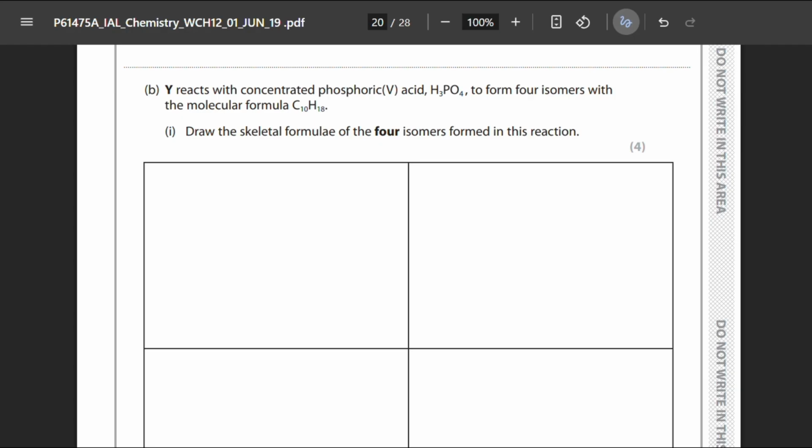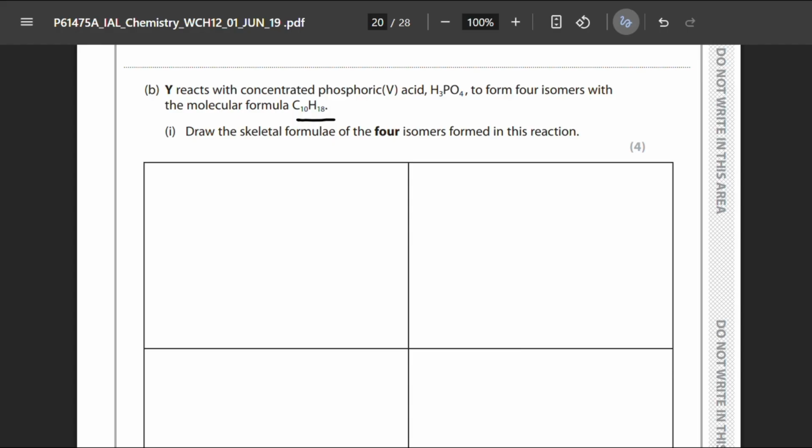Now, part B. Y reacts with concentrated phosphoric acid to form 4 isomers with molecular formula C10H18. Draw the skeletal formula of the 4 isomers formed in this reaction. Now, first look at the formula. It's C10H18.